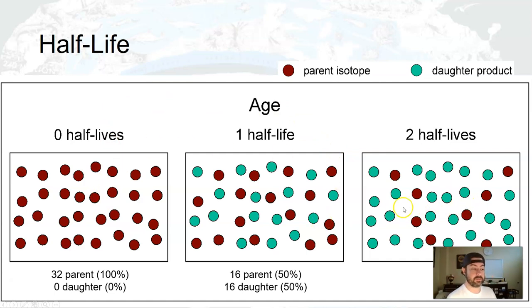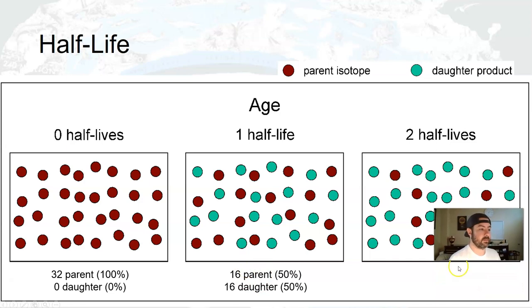Two half-lives: now that we have 16 parents, half of that, half of 16, is 8 parents, 24 daughter products. So we keep cutting this number in half. That leaves 25% parents, 75% daughters.